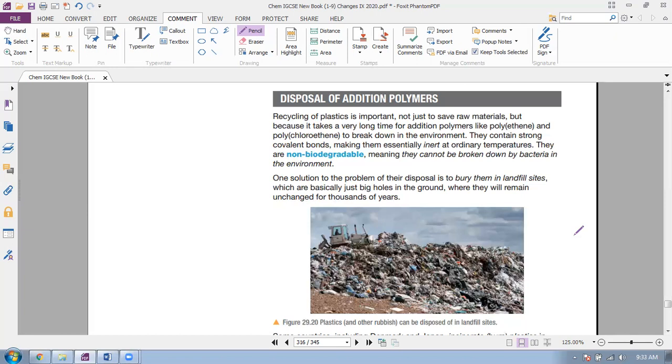Burying them in a landfill site can be a solution, but we need to dig a big hole into the ground, and they will remain there for thousands of years, as they are unreactive and non-biodegradable, and they have strong covalent bonds which are very difficult to break. So recycling plastic things is a good solution. We must not throw plastic materials outside here and there, but store them and hand them over to the corresponding authority to recycle.